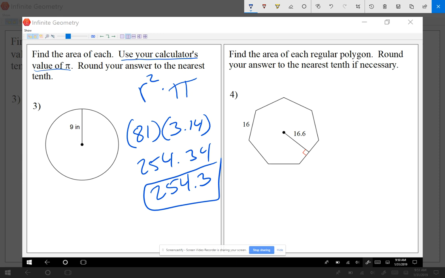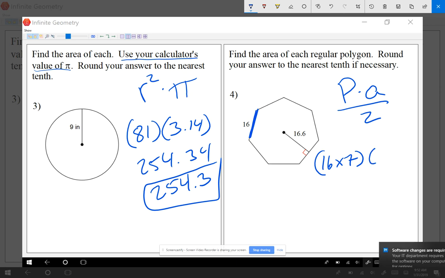Now looking at question number 4, find the area of a regular polygon. We learned a formula. It was the perimeter times the apothem divided by 2. The perimeter for this case, because it's a regular polygon, each side is 16. I see the 16 there. I count the sides. There's 7 of them. So to find the perimeter, I'm going to go 16 times 7. That's the perimeter.